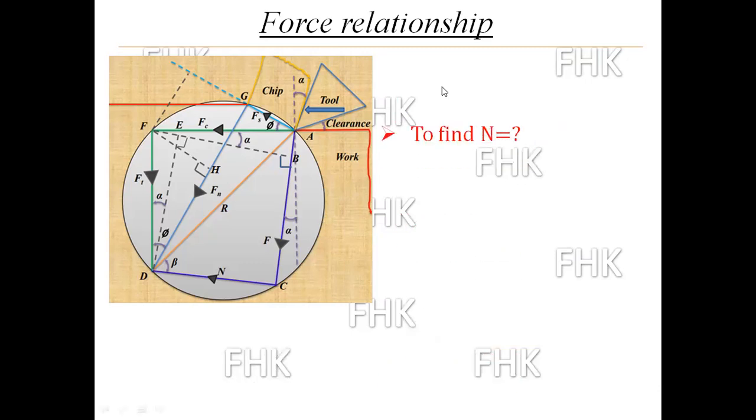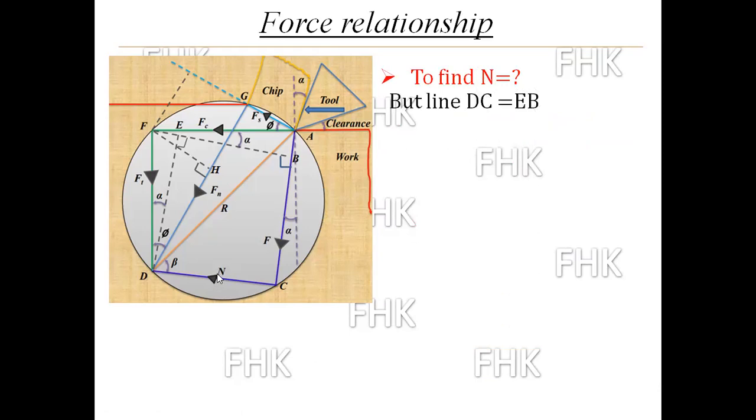Now come to the next, to find N. For finding N, this DC is parallel to EB. Why? Because I drew the construction line DE perpendicular to this, and FB is perpendicular to AC again.